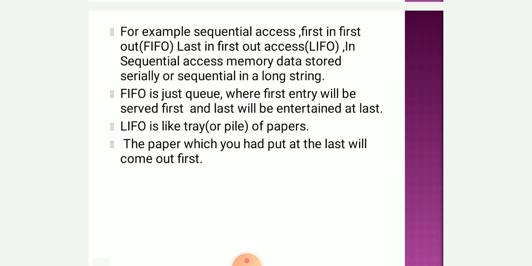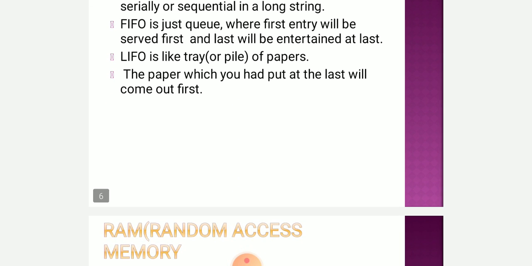For example, sequential access is first in, first out, and last in, first out access. FIFO is just a queue where the first entry will be served first and the last will be served last.